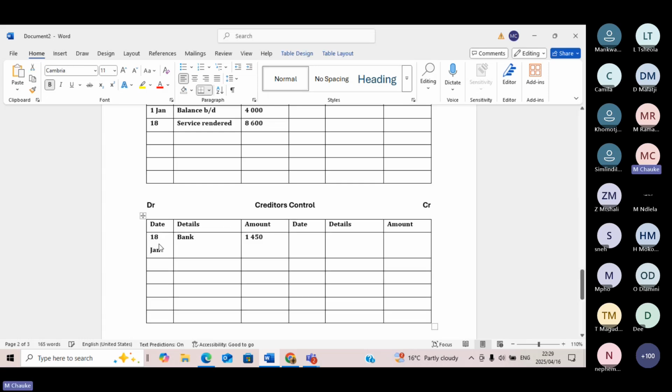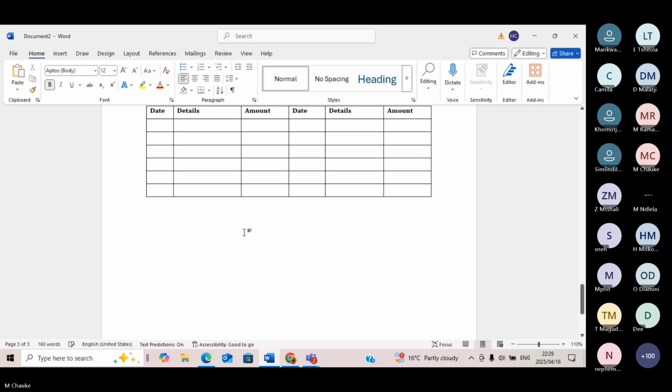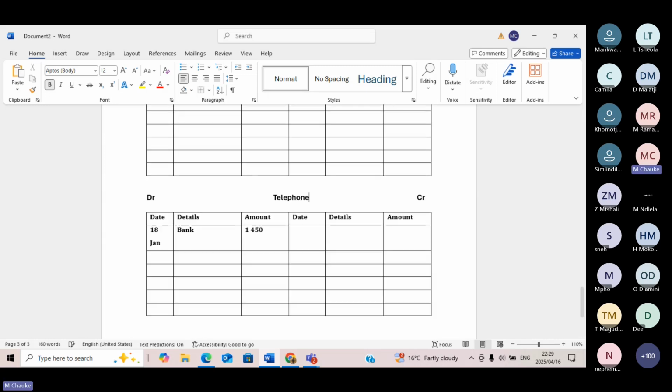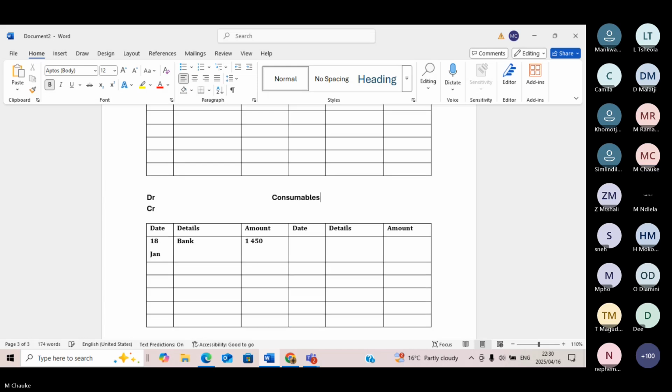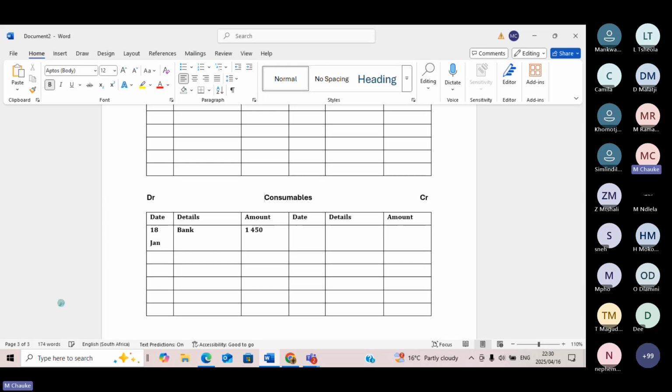And the other account is going to be consumable goods, or consumables, right?